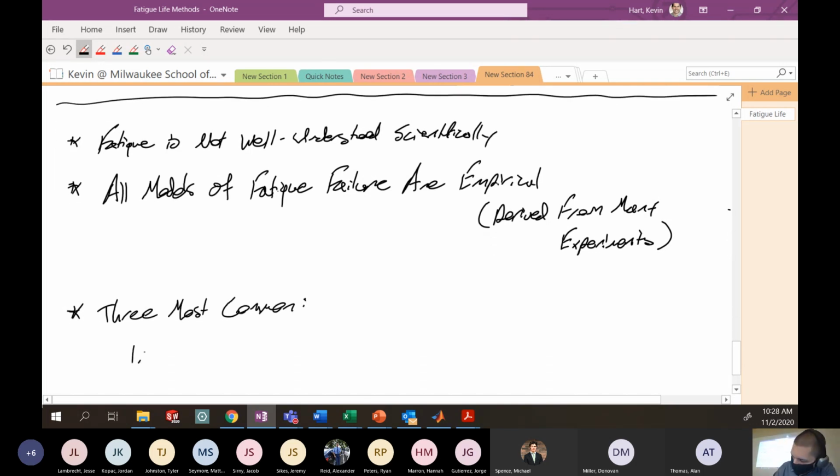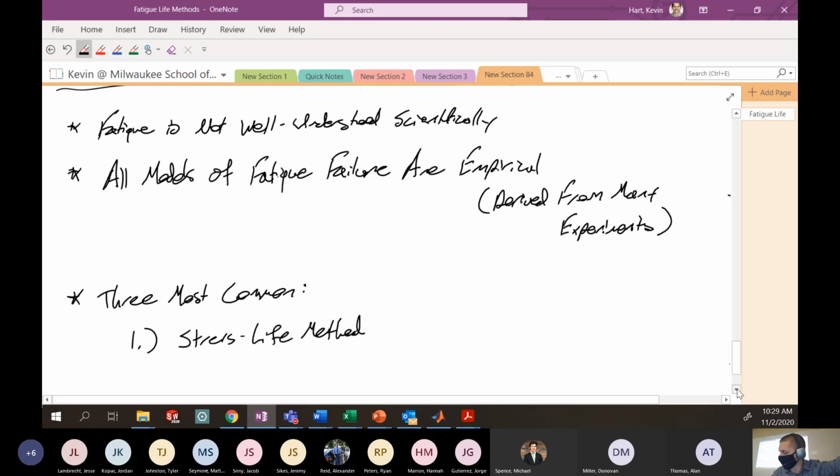By far the most common is the stress life method. If you're doing anything in a non-academic setting, like any industrial setting, and you're doing fatigue analysis, almost certainly you are using the stress life method.